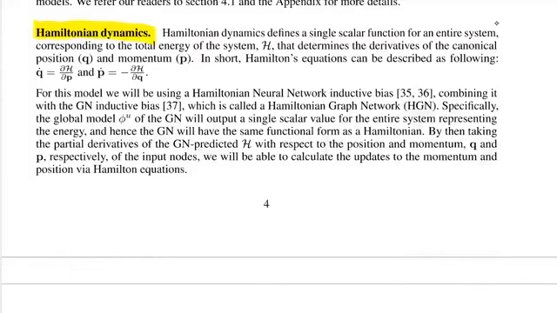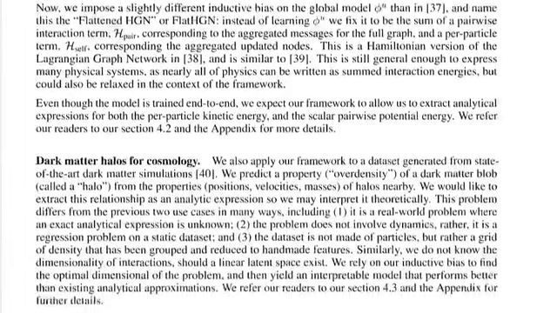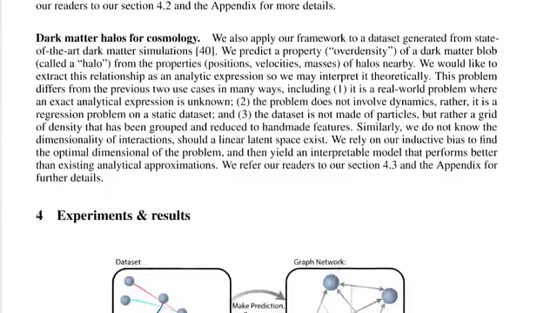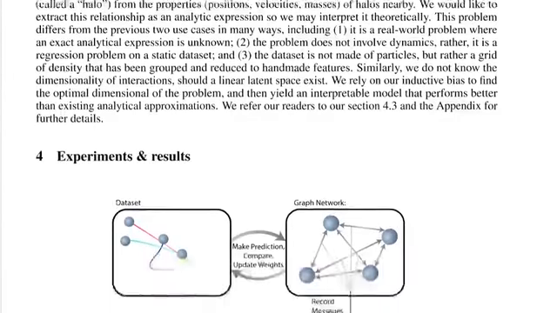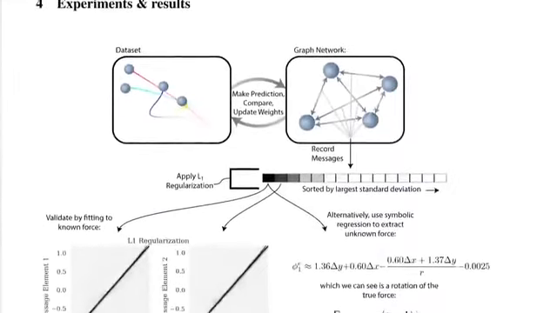And I don't want to go into this too much, because I think that the Newtonian dynamics already demonstrate really well what the system can do. And then they have dark matter halos for cosmology, which is a problem where you have universe simulators and you try to predict where the dark matter is, depending on where other dark matter is. And that's where they find a new unknown equation.